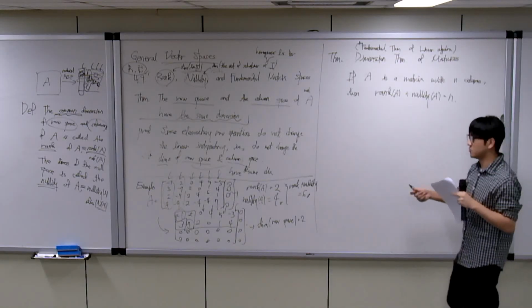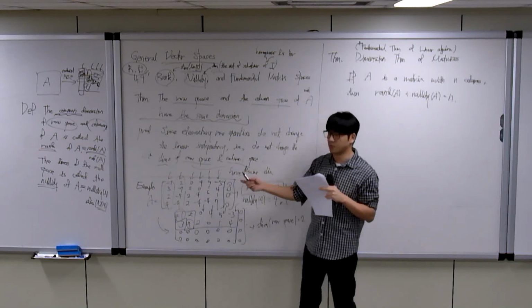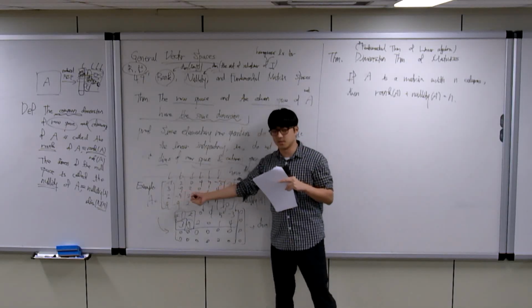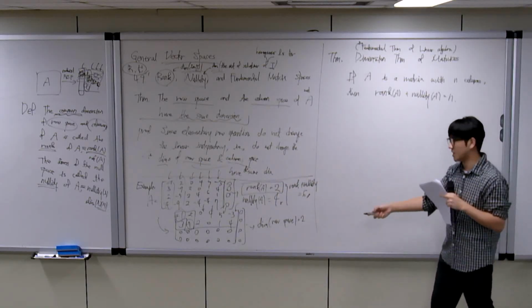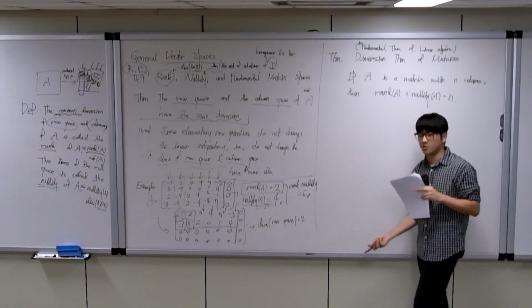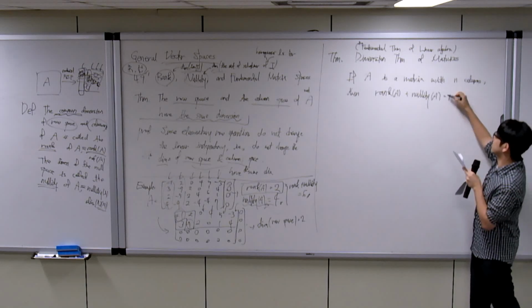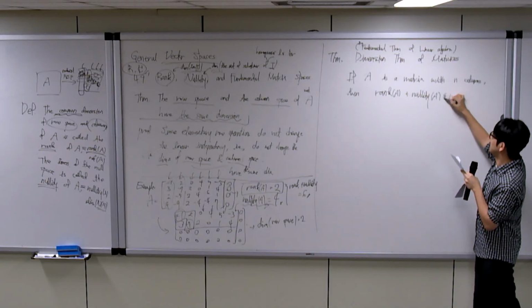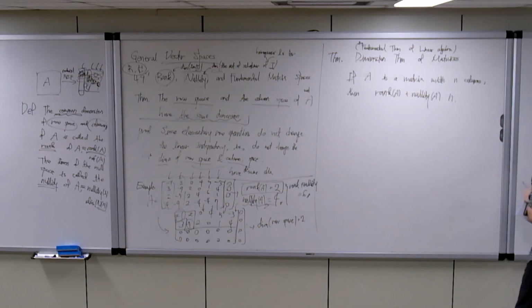If you already calculate the rank of A, and you know the number of variables or columns, then you can get the nullity, although you do not calculate it. It is not an inequality. It is really equal to n.